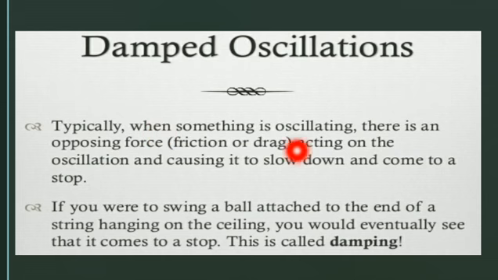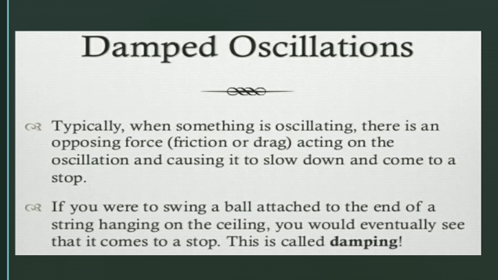Typically when something is oscillating, there is an opposing force acting on the oscillation, causing it to slow down and come to a stop. If you were to swing a ball attached to the end of a string hanging from the ceiling, you would eventually see that it comes to a stop.